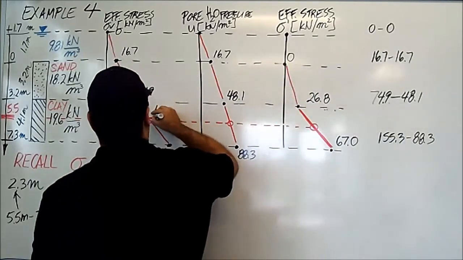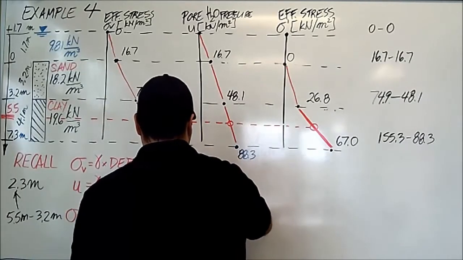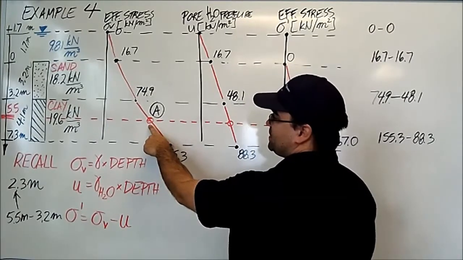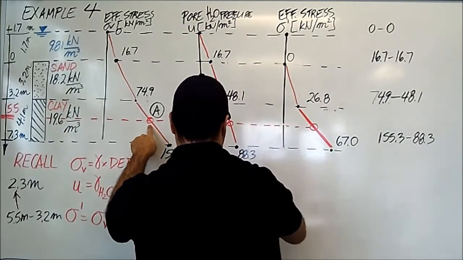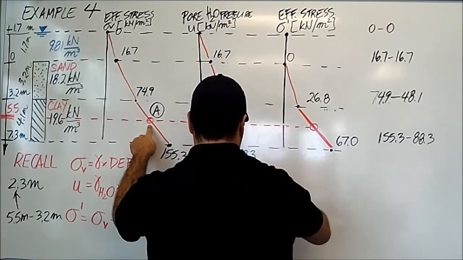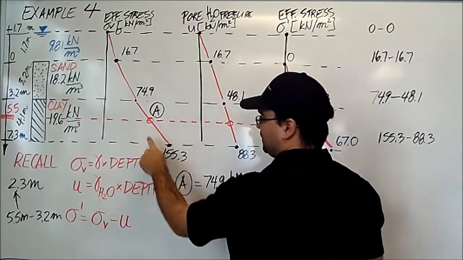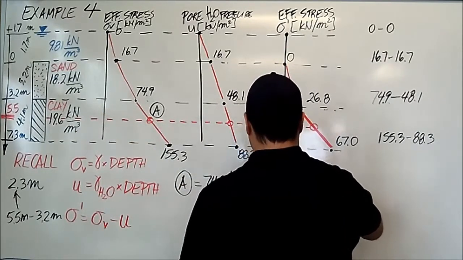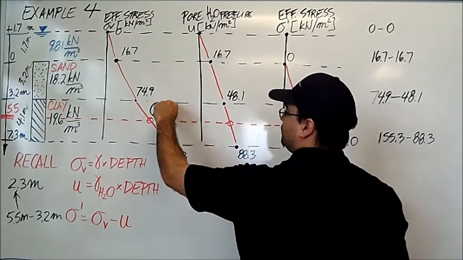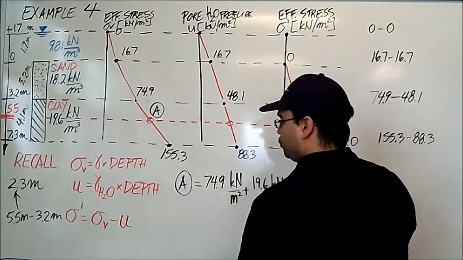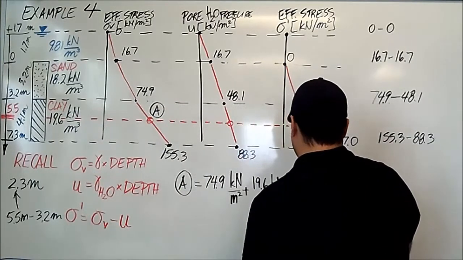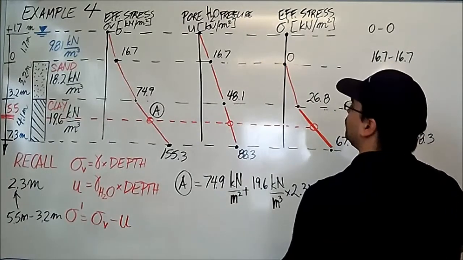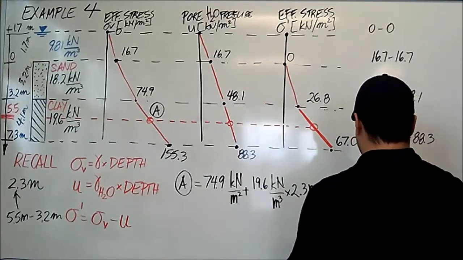I'm going to call that A. Well, as we've learned, the vertical stress here at A is the vertical stress above, 74.9 kilonewtons per square meter, plus, using the formula, the density of this material, 19.6 kilonewtons per cubic meter, times this depth, which is 2.3 meters, equals 120.0 kilonewtons per square meter.